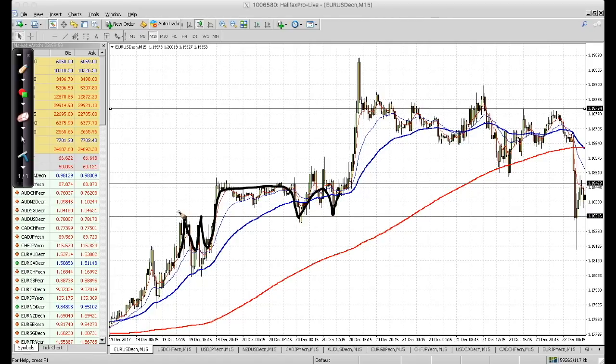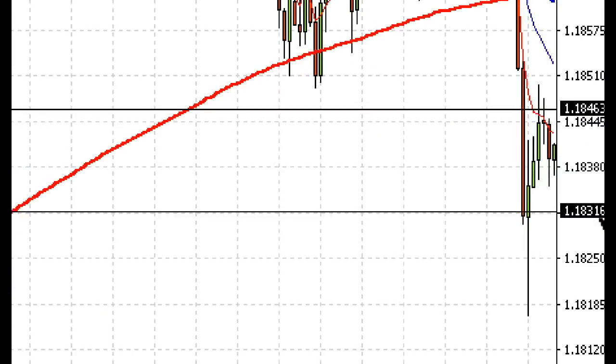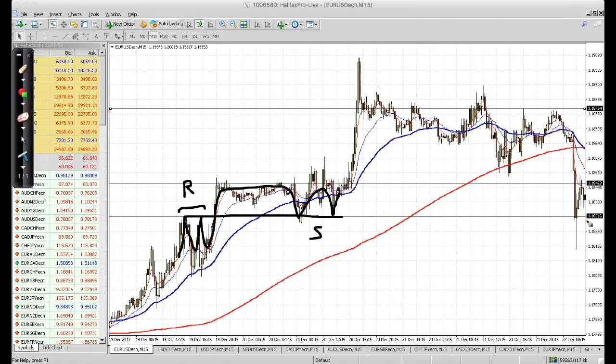Can you see that? So this resistance level has become a support level. There you go. So this tells you that this level here at 1831 is a very strong level because it has been tested on both the resistance side and the support side. Both the light and the dark side of the force has been tested. Very strong, all right?